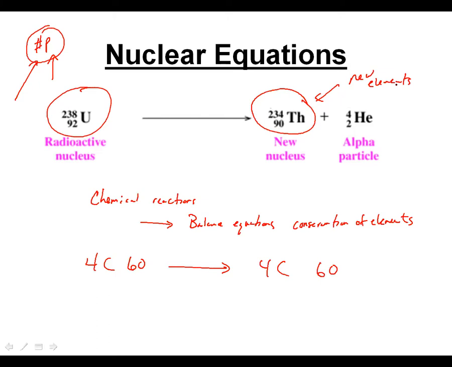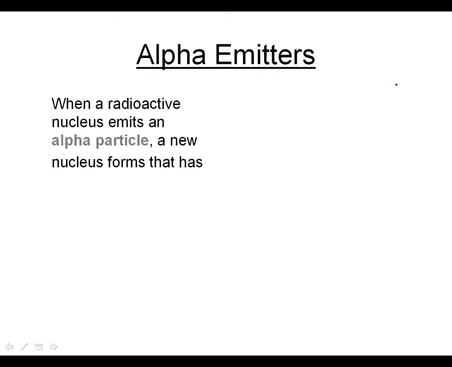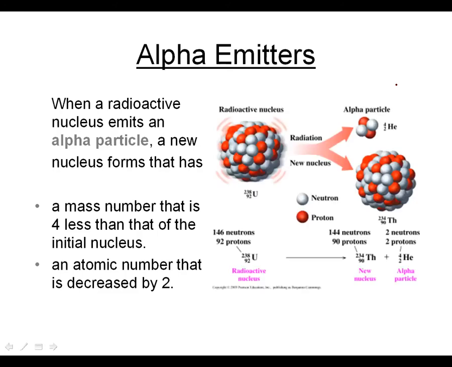Now, when we have nuclear equations, we do want to balance them, and it's a little bit different than how we do chemical equations. So let's talk about things that we will see in an equation and a couple of terminologies that we hear. One is an emitter.